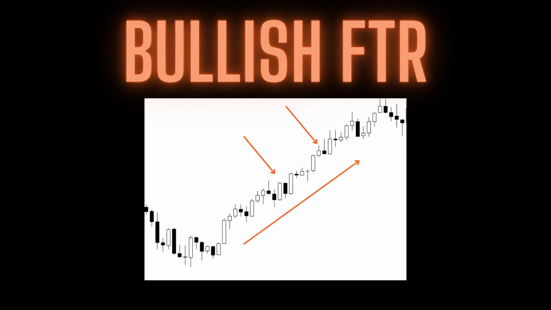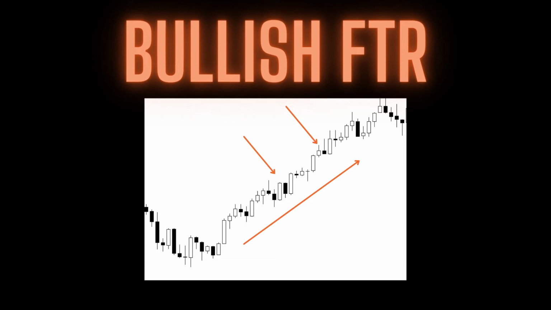Then we had another one, a bullish candle, then a bearish, and then a bullish. I would say it is best if the FTR candle's wick is smaller than the body, because that means there's not going to be any rejection, and it's going to be a better quality FTR.